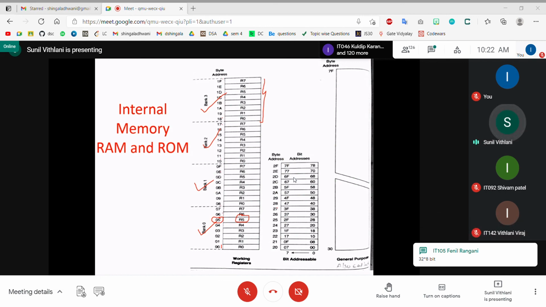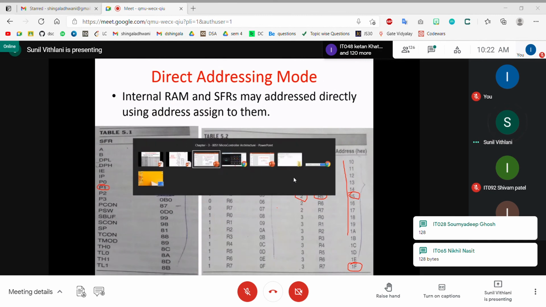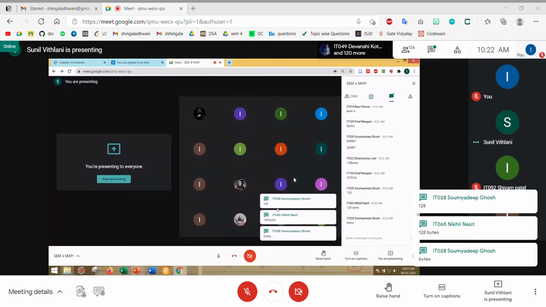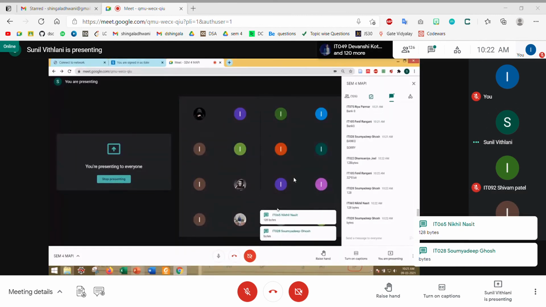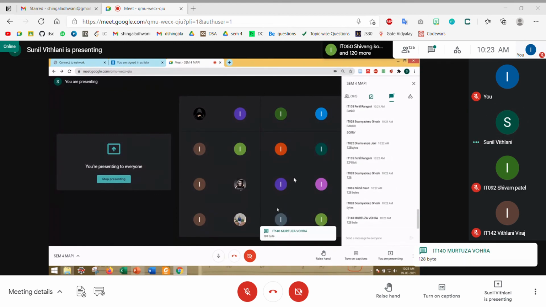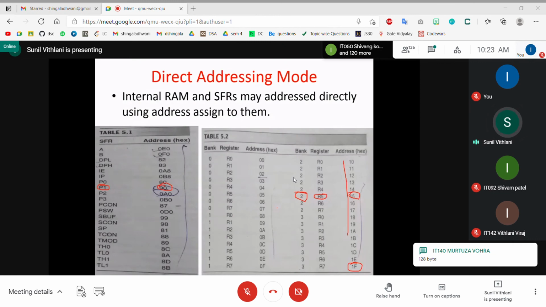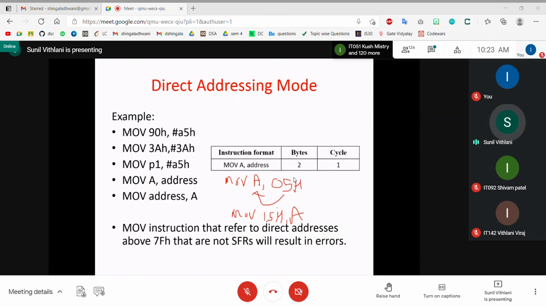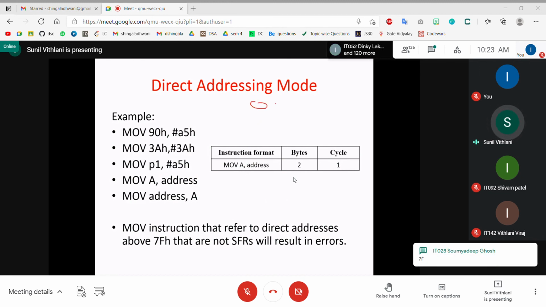What is the size of internal RAM? Yes, 128. It means that 128 means what is the maximum address we can mention? So our address can be 00 to 7F.